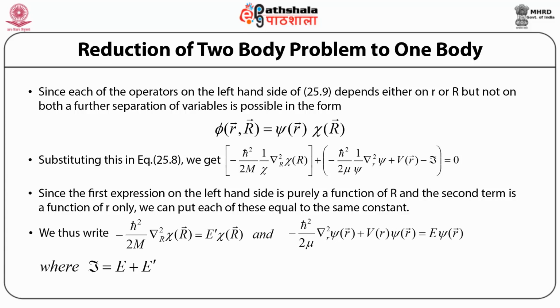We thus write minus h cut square by 2M del square R of chi as a function of capital R vector equal to E prime multiplied by chi as a function of R vector, and minus h cut square by 2 mu del square r of psi as a function of small r vector plus V of r psi of r vector equal to E psi of r vector, where tau is equal to E plus E prime.